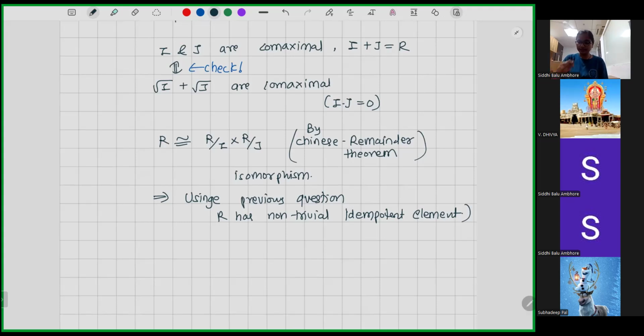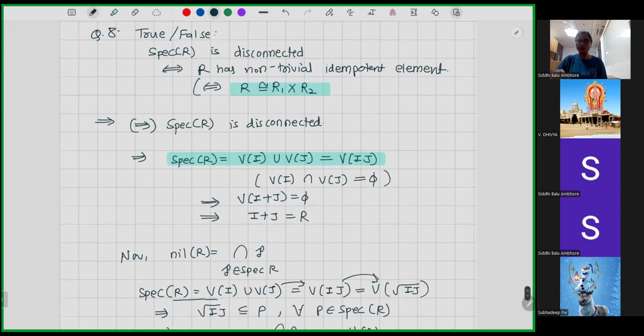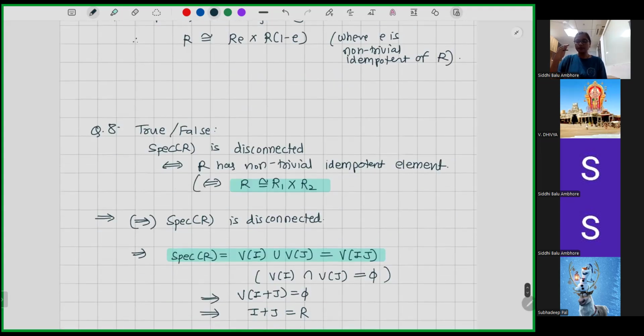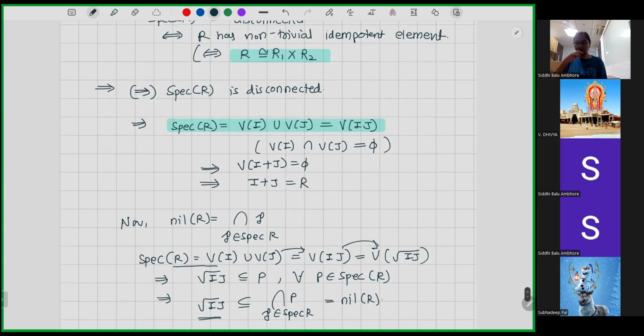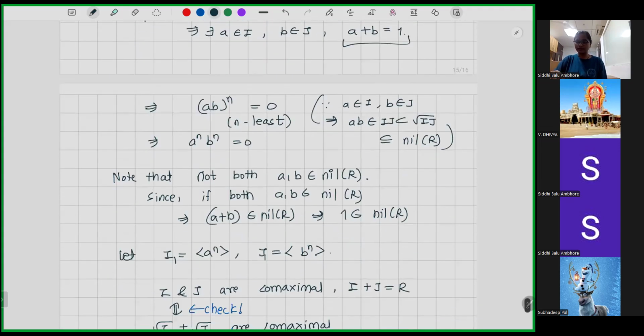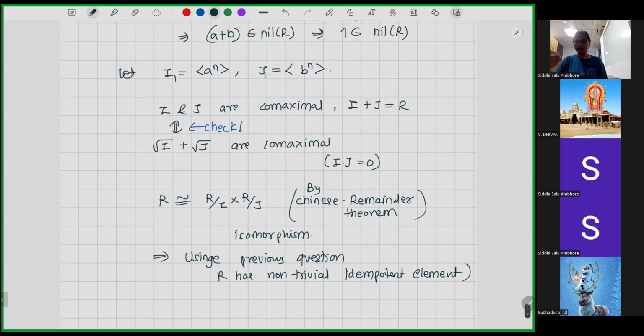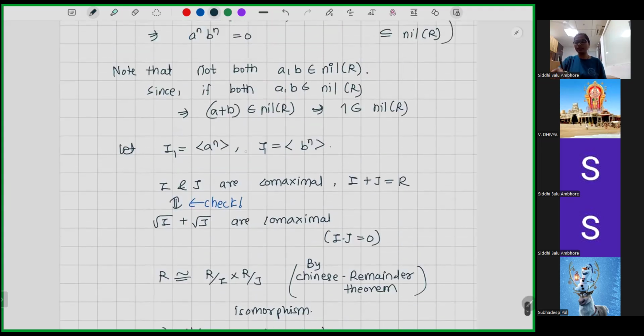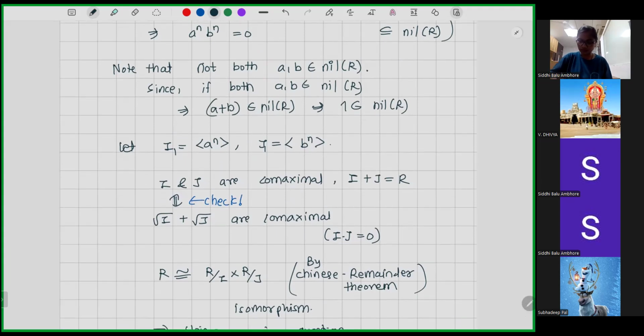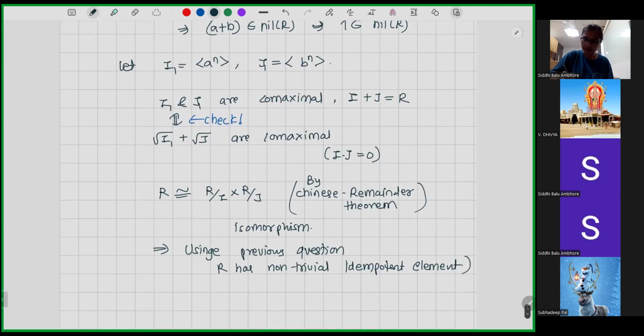So this part is through, where we started with the disconnected spectrum, and we have that R is a direct product of two rings, and these are non-trivial because none of them is 0. We can choose this n properly such that none of them is 0.